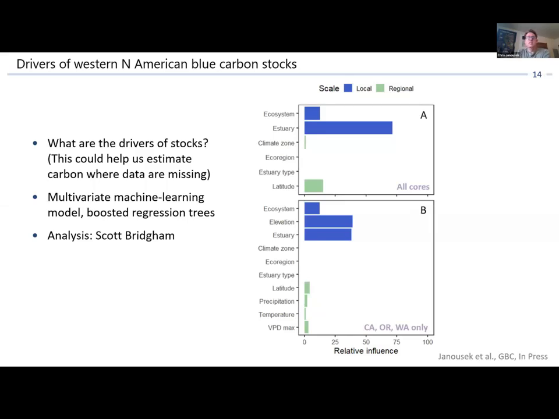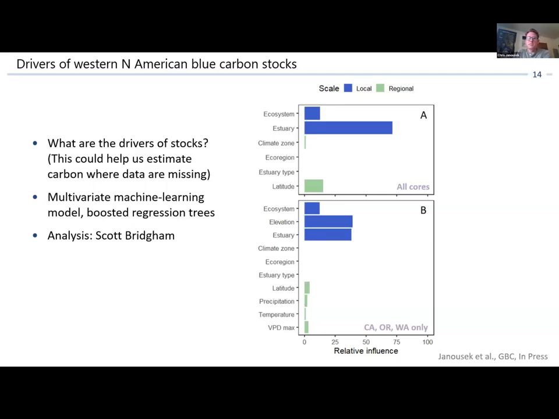But we divided up these environmental factors into processes that are generally operating on local scale. So this would be the kind of ecosystem you're looking at or the specific estuary that you sampled. And then also factors that vary on regional scales. So what climate zone are you in North America? What ecoregion are you in?